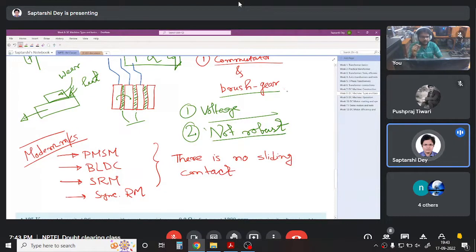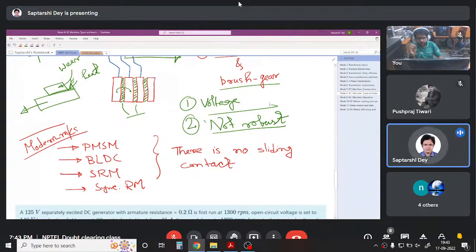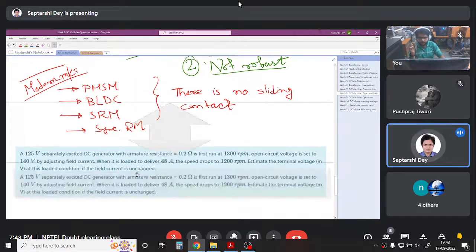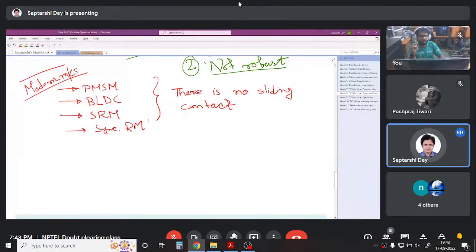It is vulnerable to almost everything. So all these modern machines that we are working on nowadays have one thing in common: there is no sliding contact. If today a new researcher comes up with a new machine that requires a sliding contact, you will be thoroughly questioned about why it is required at all, and if you cannot show some significant improvement compared to what we already have, that machine will not survive in the market.